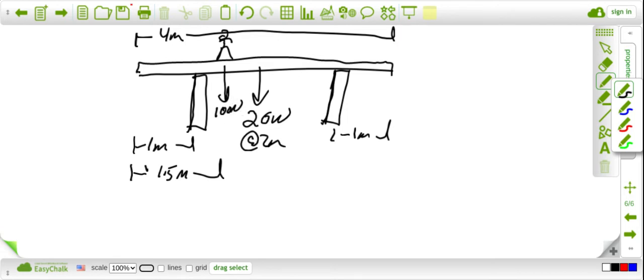And let's say that we have a dog or something standing over here, and that dog has a weight of 30 newtons and is a half a meter from this end.